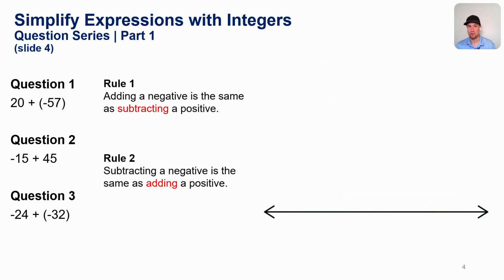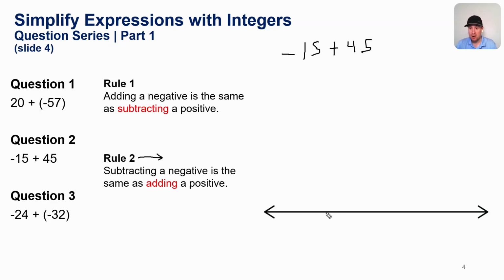Let's look at question 2. So question 2 is -15 plus 45, okay? So in this case, we start on the negative side of the number line, but we're now adding a positive 45. This is a rule number 2 problem. Subtracting a negative is the same as adding a positive. So I'm going to the right on the number line.